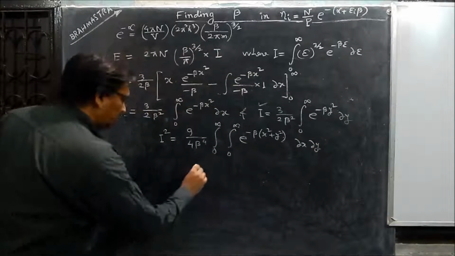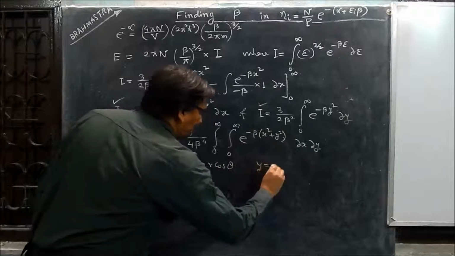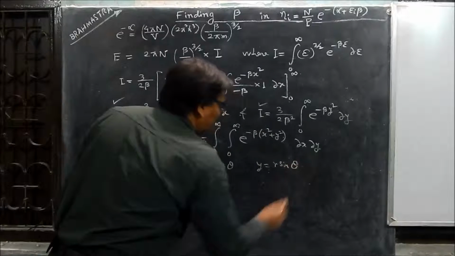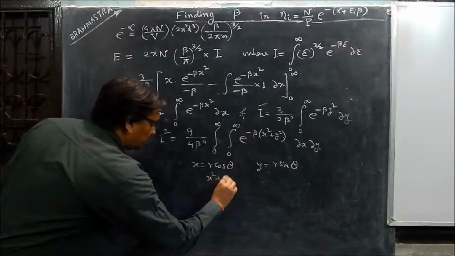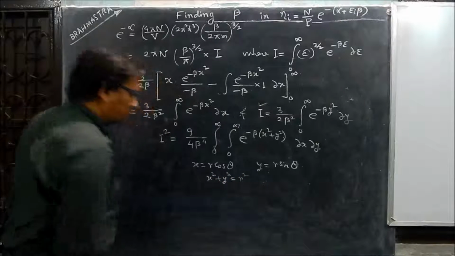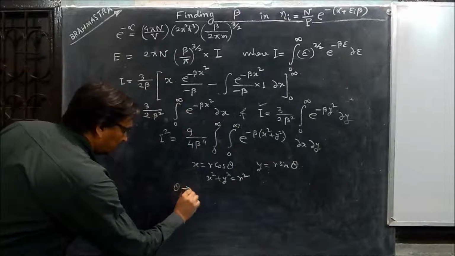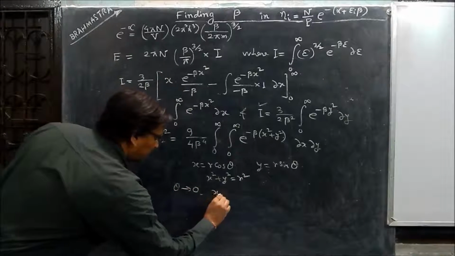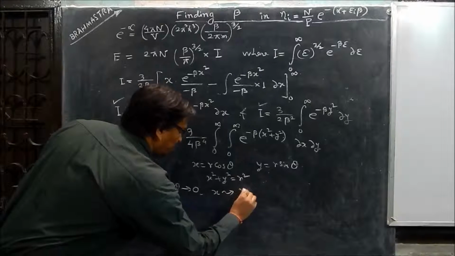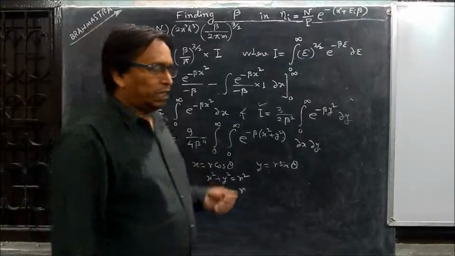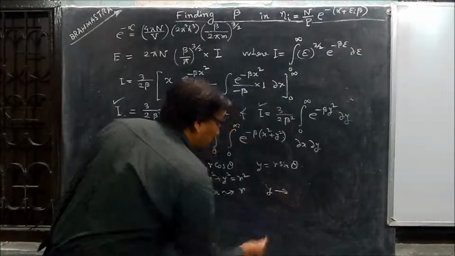So if we write x equal to r cos theta and y equal to r sin theta, then x square plus y square gives you r square. Also, as theta is very small, theta tends to 0, so x is nearly equal to r, because cos theta tends to 1. And y is not r, it will be r theta.